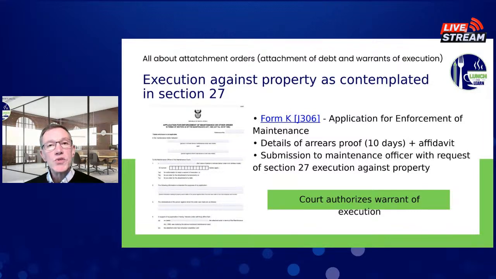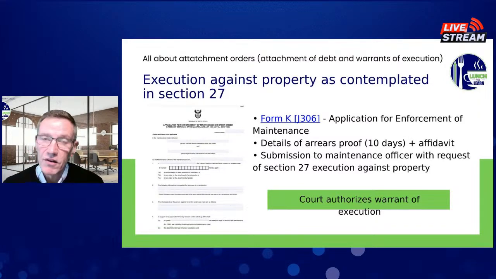And then you could also ask the maintenance officer specifically, because remember there are three things that they can include. You can ask for either a garnishee order, emolument attachment order, or an attachment of debt, or a warrant of execution. And the maintenance officer might not know the specific details of your matter. So you would know what type of property the respondent has.